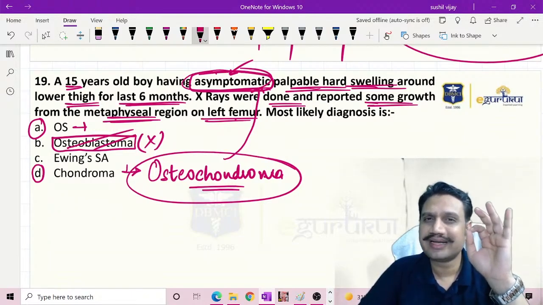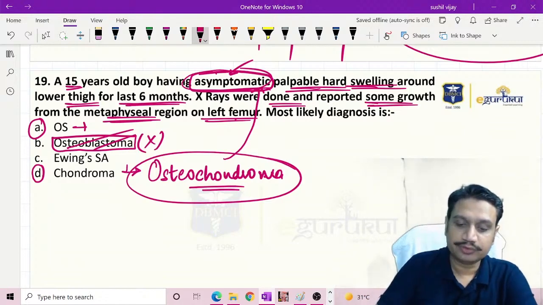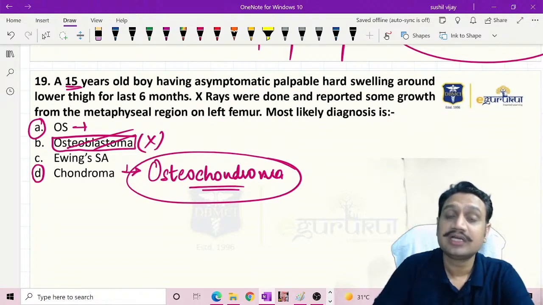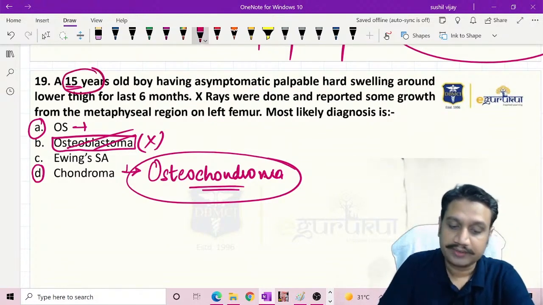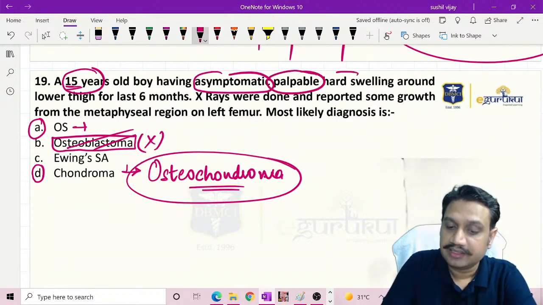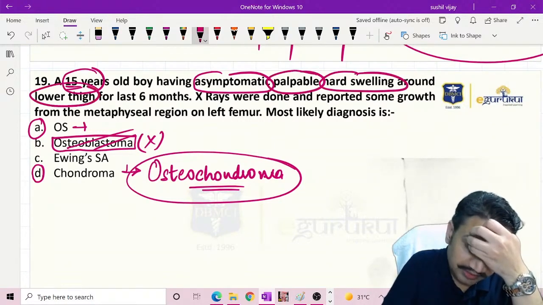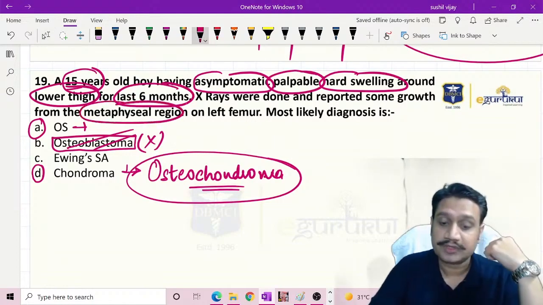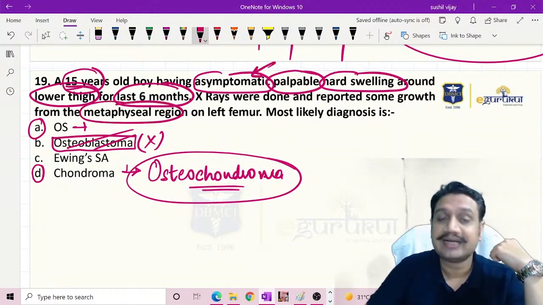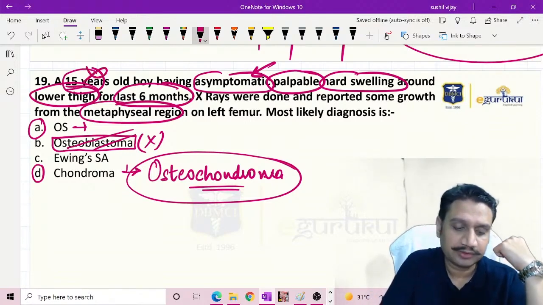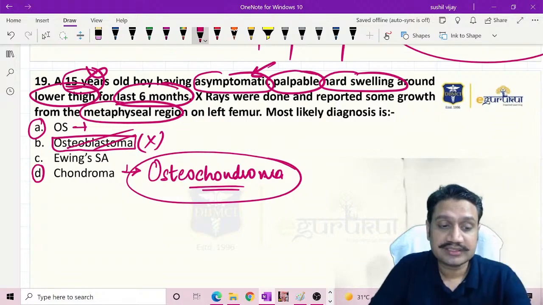Let's find the important words in this question: 15 years, asymptomatic, palpable, hard swelling, lower thigh, 6 months, X-ray, metaphyseal growth. When you say asymptomatic, my answer will come from the benign area. This is how I find the important things.